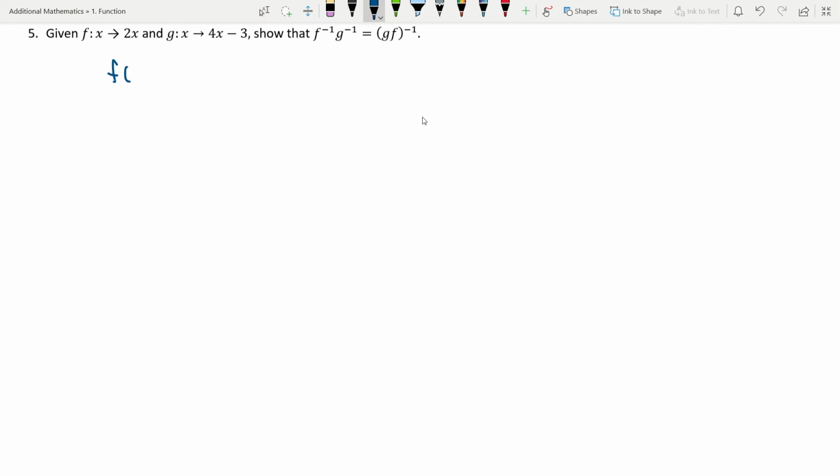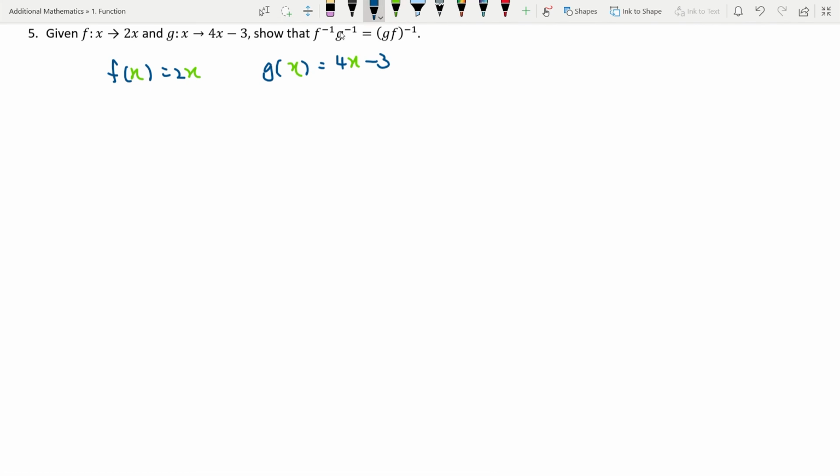We have f of x is equal to 2x, and also g of x is equal to 4x minus 3. In order to show that they are equal, we need to find inverse function of f, inverse function of g, the composite function gf, and then inverse it first. Let's do it one by one.